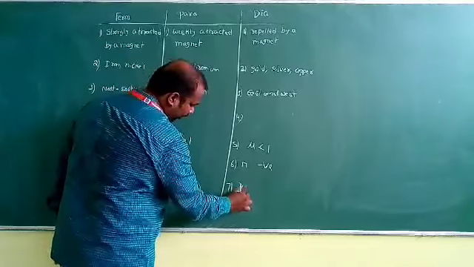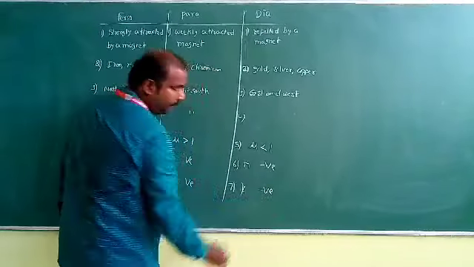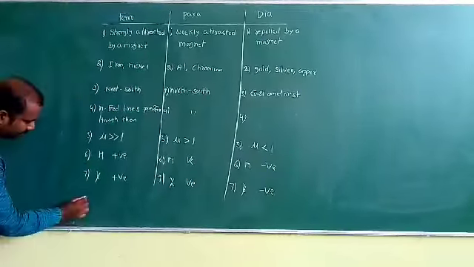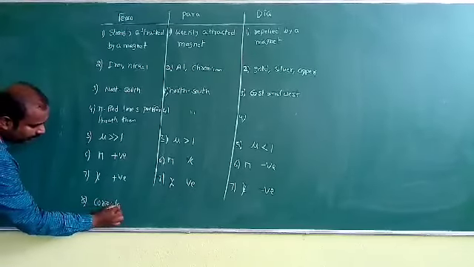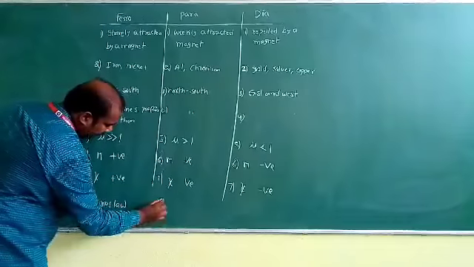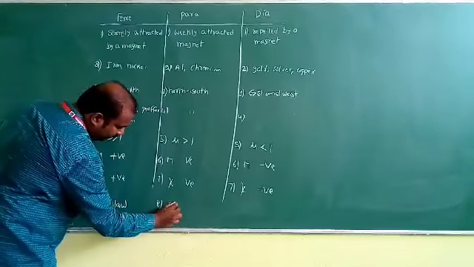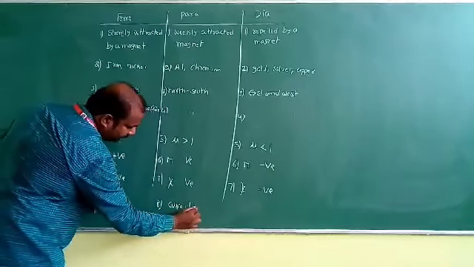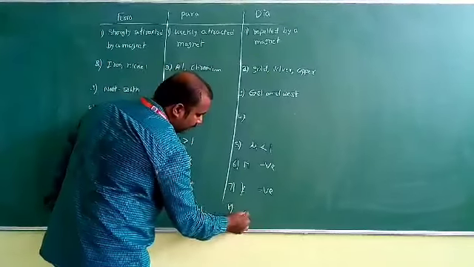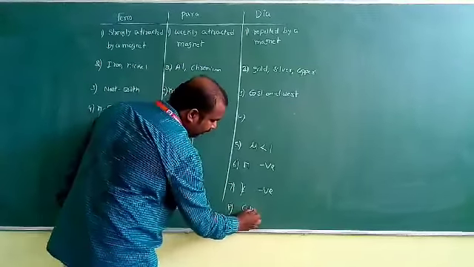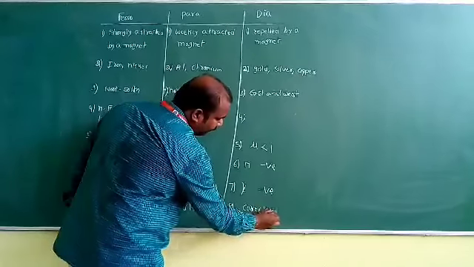Here the susceptibility value is negative. And lastly, the ferromagnetic substance obeys Curie's law, and paramagnetic substance also obeys Curie's law. And here the diamagnetic substance does not obey Curie's law.